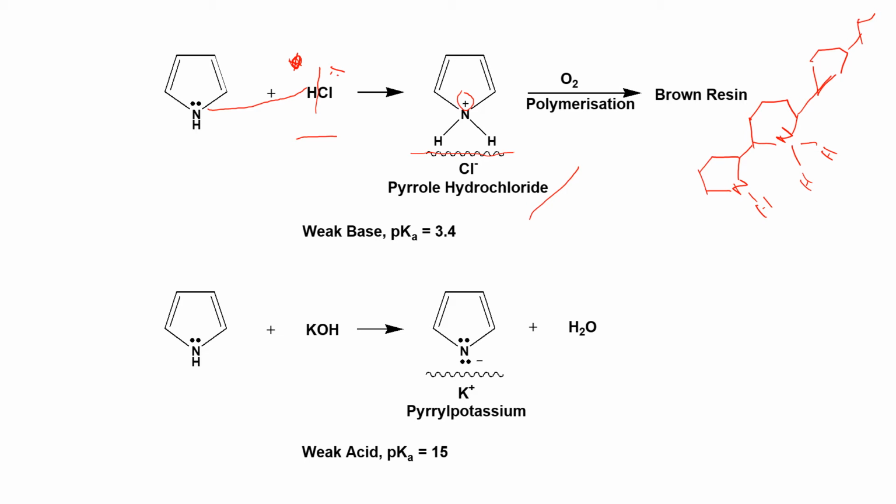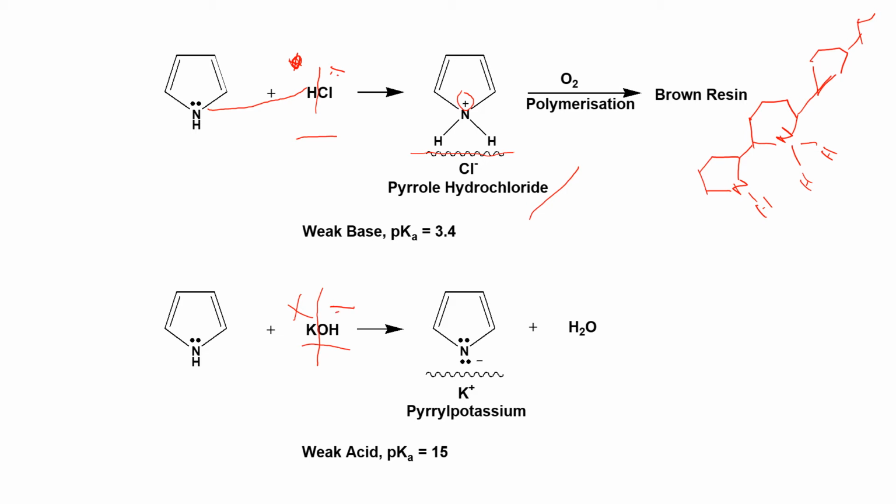Now when pyrrole behaves as a weak acid, that is at a pK value of 15, pyrrole behaves as a weak acid. As a weak acid, it must react with a base. For example, if pyrrole reacts with the base potassium hydroxide, after dissociation it will produce potassium ion and hydroxyl ion.